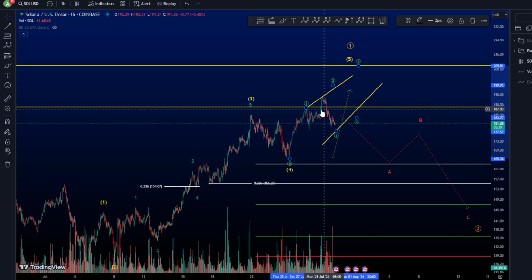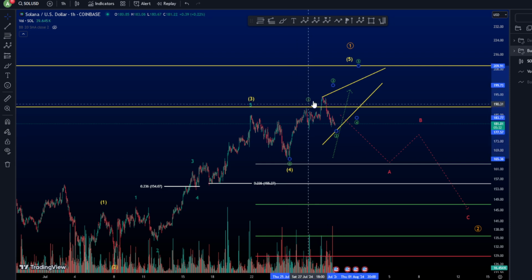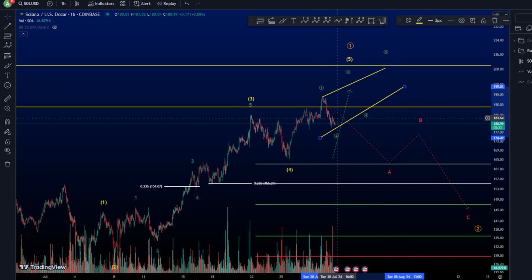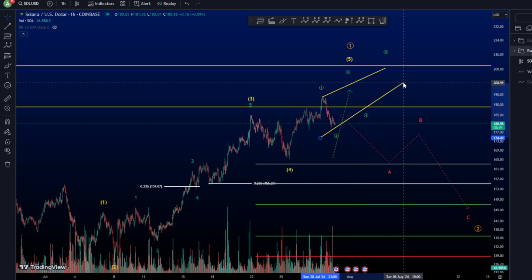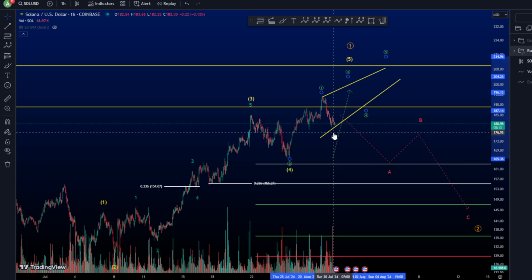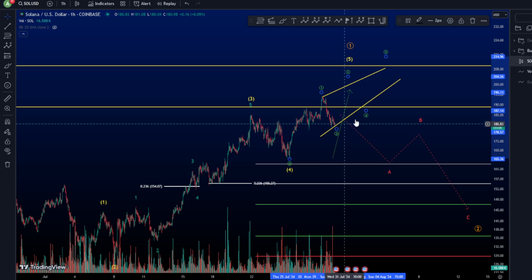If that is the case, this is the top of 1, and 1 starts here, so we simply shift the contracting diagonal. Now of course we need some sign of a pull to the top side to say we have a bottom for wave 2. So for now, it's maybe going to be here somewhere.